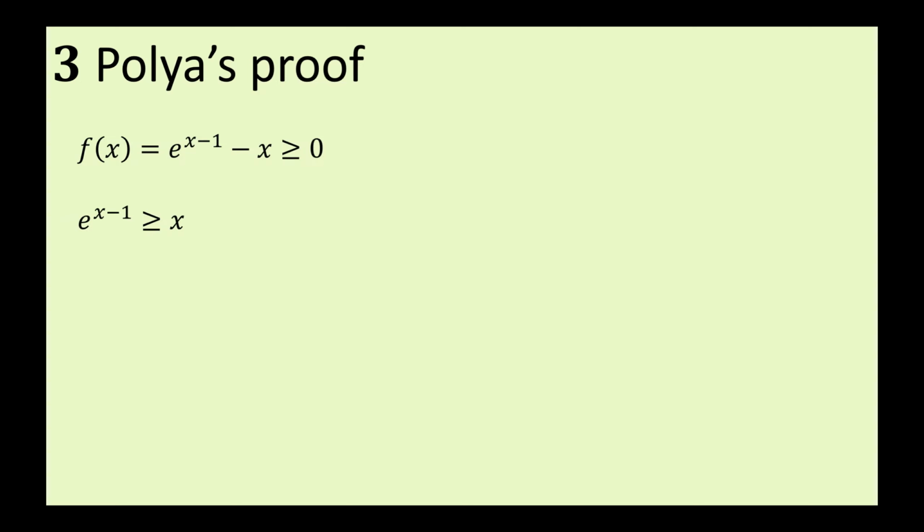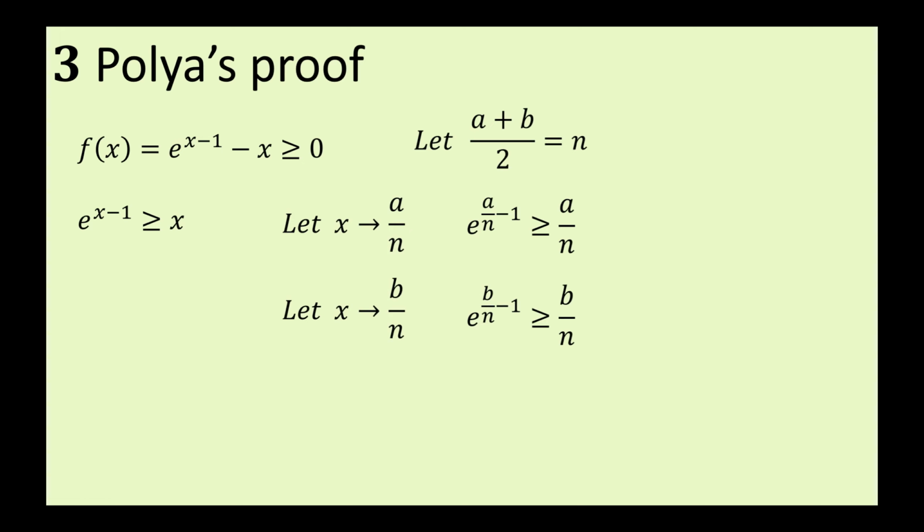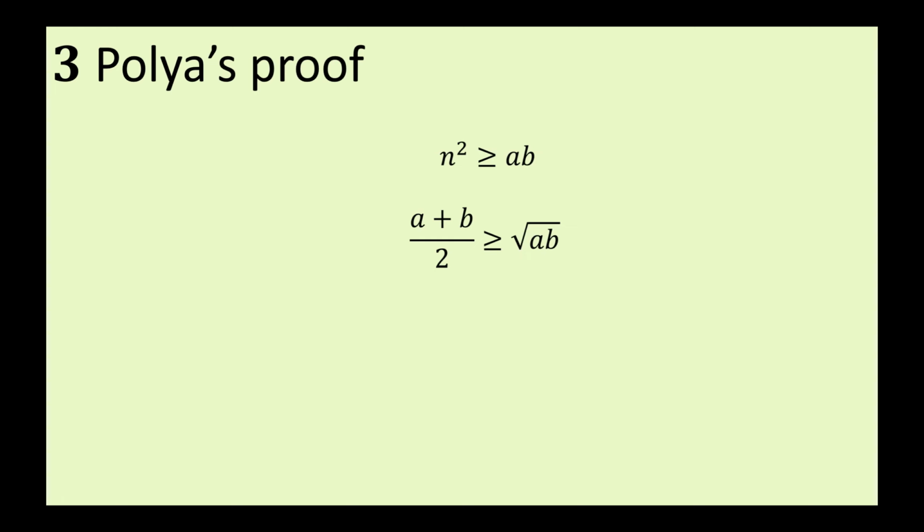Let (a plus b) divided by 2 equal n. Just place x as a divided by n and place x as b divided by n. Then, we can represent the inequality in these forms. Multiply them, then the left side becomes 1. Finally, n squared is equal to or larger than a times b. n equals (a plus b) divided by 2. We can get to the conclusion.